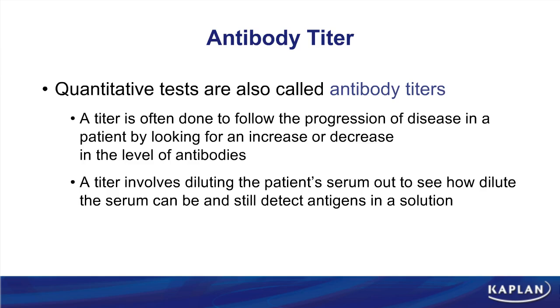So a titer is simply going to take a patient's serum and go through a series of dilutions, and you can determine the titer based on how dilute the serum gets and still has detectable antibody.